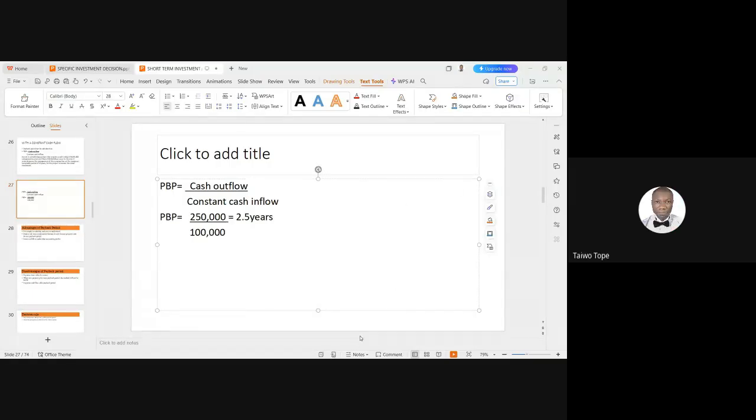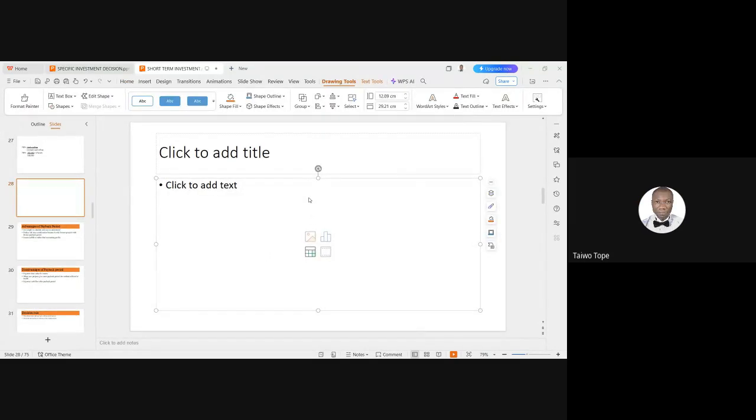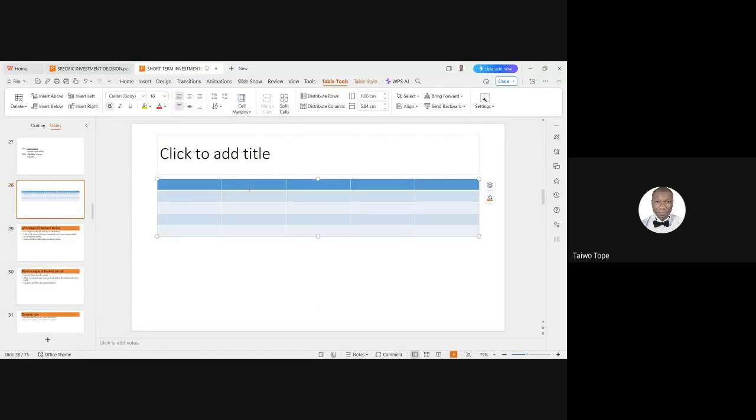Let me show you in another way. As at the first year, you invested how much? 250, right? This is an outflow. In year one, you have an inflow of what? 100.